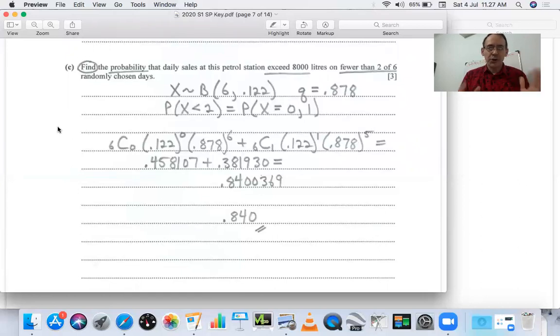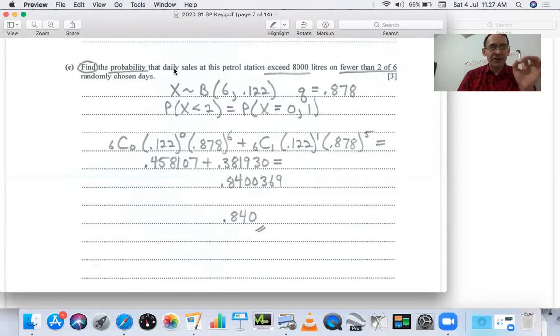The first two were normal distribution, and they just changed the variable that they're solving for. This one, all of a sudden, you're not dealing with liters of gas, which is a continuous concept. You're now dealing with number of days. That's a discrete concept. So this is actually binomial.